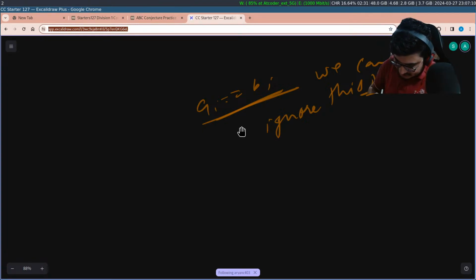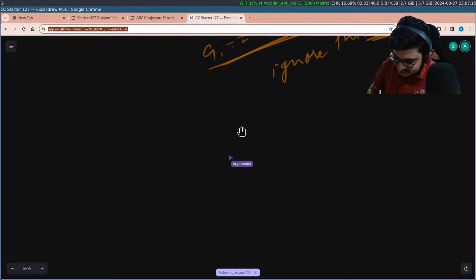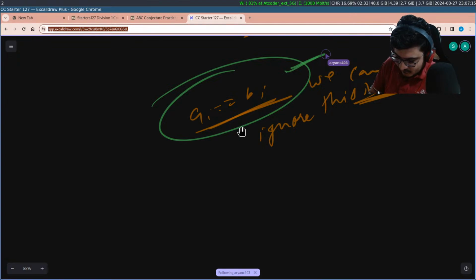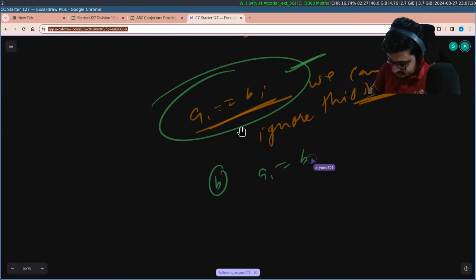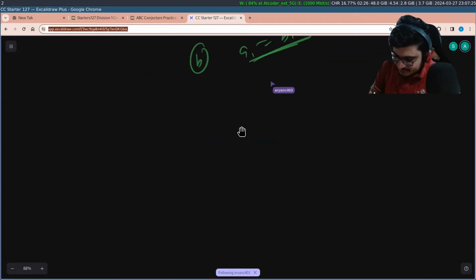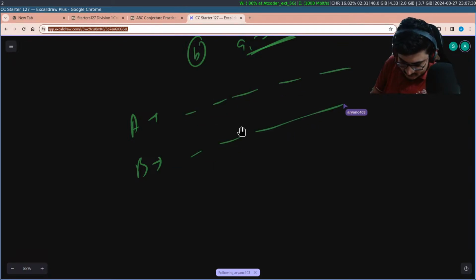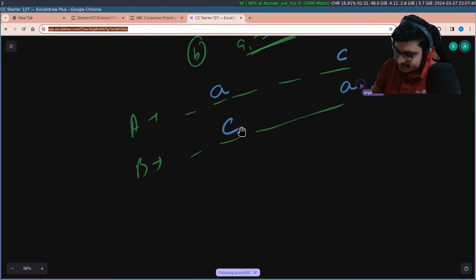Then you will see, if you ignore all of these indexes, all of the indexes where B appears, where AI equals BI holds, then the only places where you need a swap is when either at some index A contains A and B contains C, or at some index A contains C and B contains A. These are the only types of swaps you need over here.